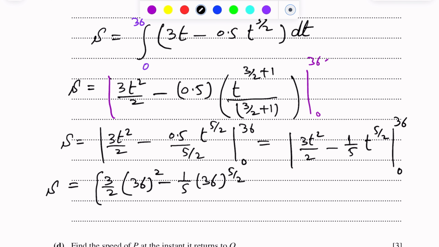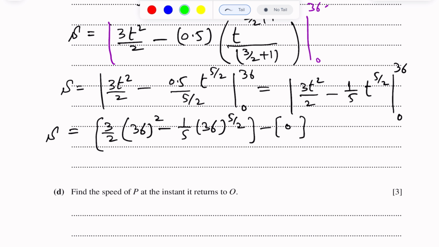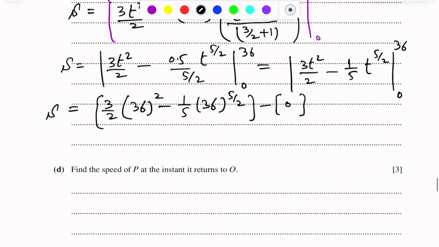This is the upper limit, and since the lower limit is 0, when we put 0 in place of t, these two terms will be 0.